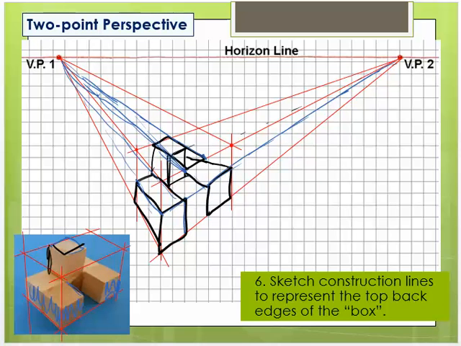Let's see if I can't clean this up here a little bit. And then that right there would be going back as well. That's another depth line going back here to the vanishing point.